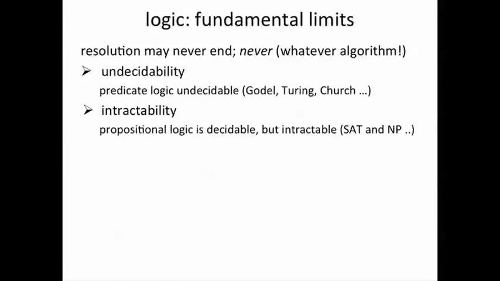It turns out that if you have just propositions, that means no variables, like what we just did with statements like Obama is president of USA, rather than relationships between entities and other entities, such propositions alone do result in decidable logic. That means you can always find the end to a resolution procedure, but it may still not be tractable in the sense that it might take too long.